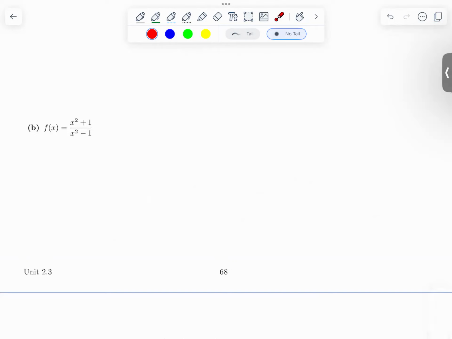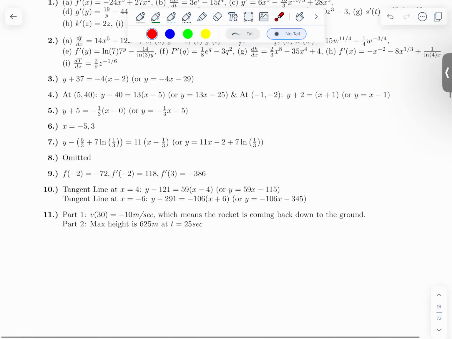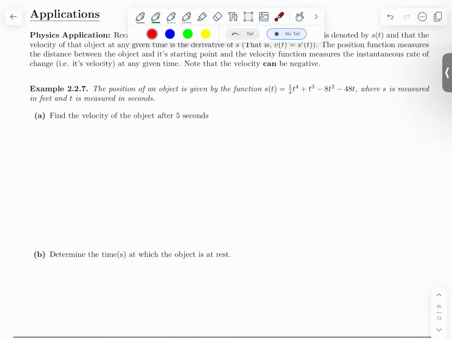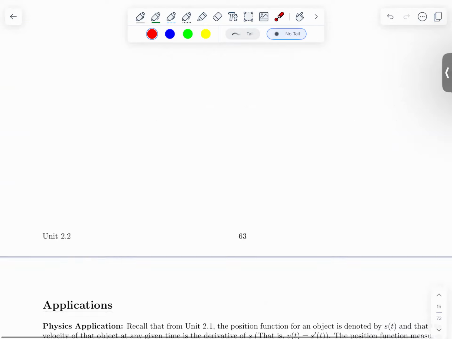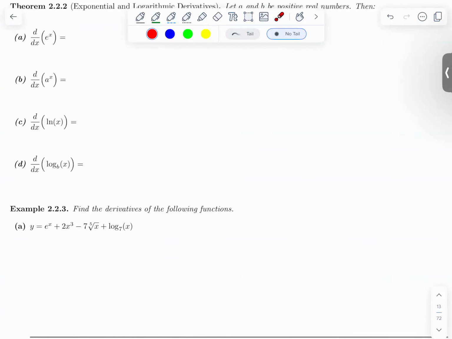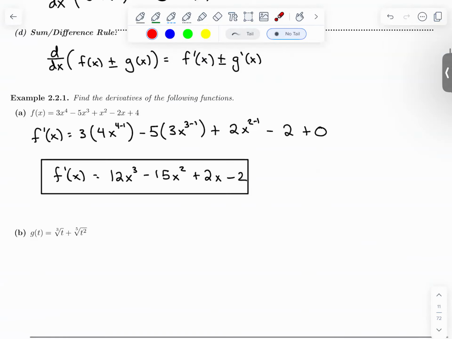So if you can't take those derivatives, you will be out of luck when it comes to this section. So please do a little bit of practice. Obviously, right now, study for the quiz coming up on Thursday, which is only on 2.1. But after that, take some time to really practice these, because they're going to get used constantly.